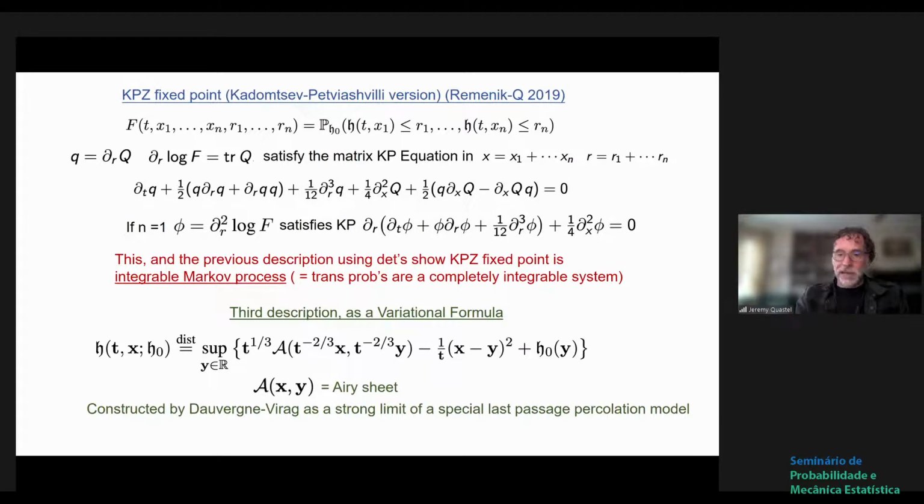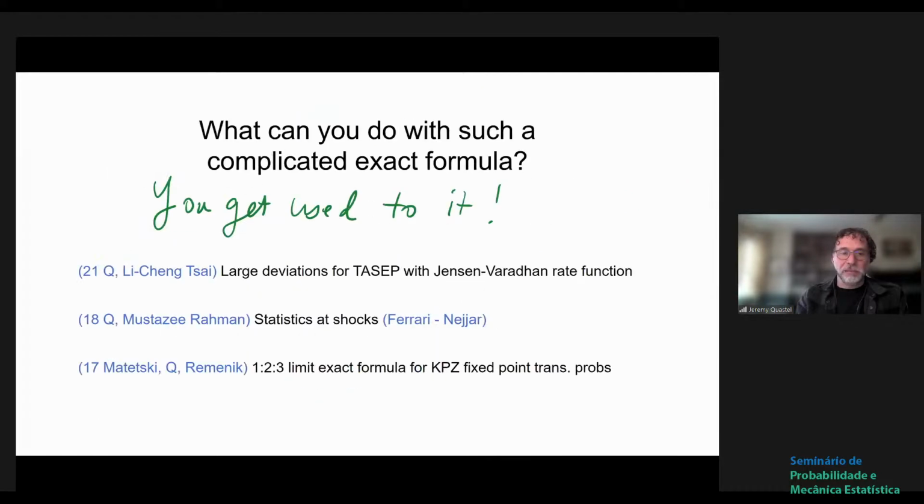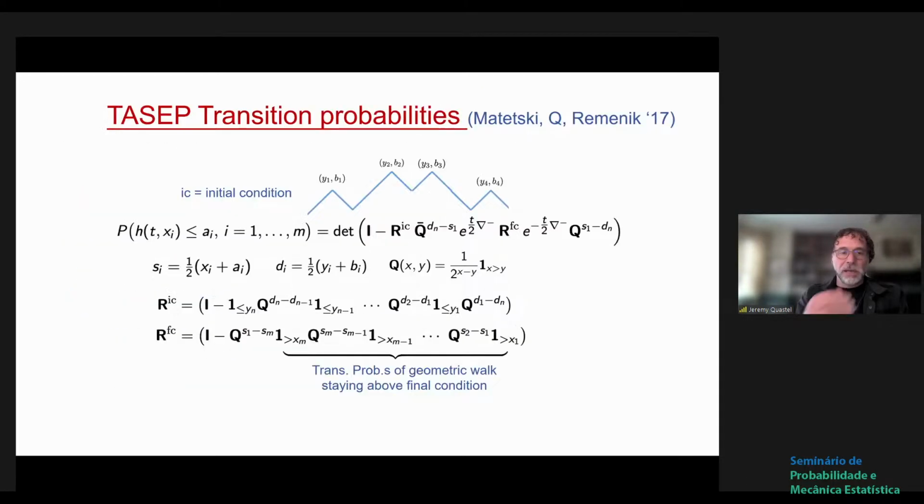To do that, I have to be able to start with some generic thing and ask what's the probability of some generic thing that looks like that time t later. Does that make sense? And show that if that thing corresponds to a non-entropy weak solution, then the asymptotics of this Fredholm determinant give you the Jensen-Varadhan rate function.